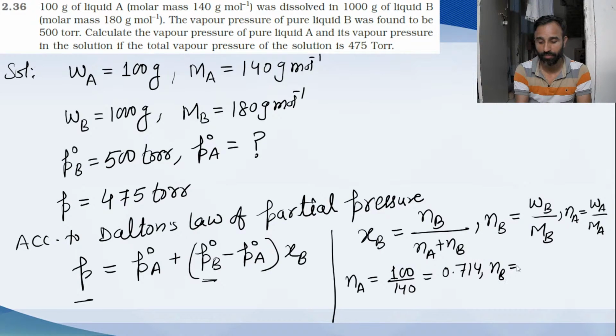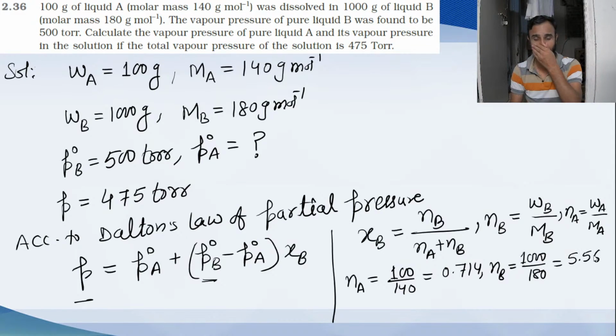NB, that is WB over MB, 1000 over 180, it is 5.555. Take it as 5.56.